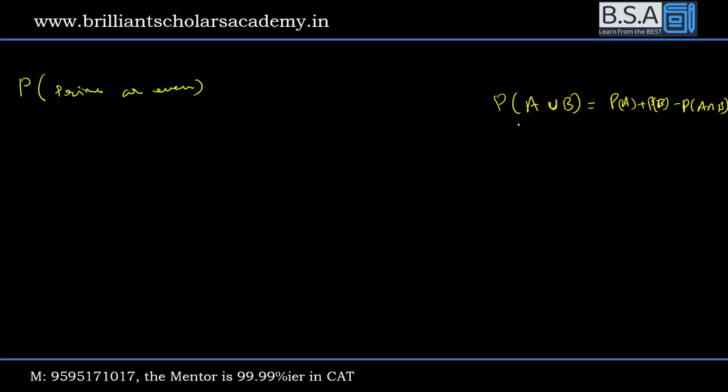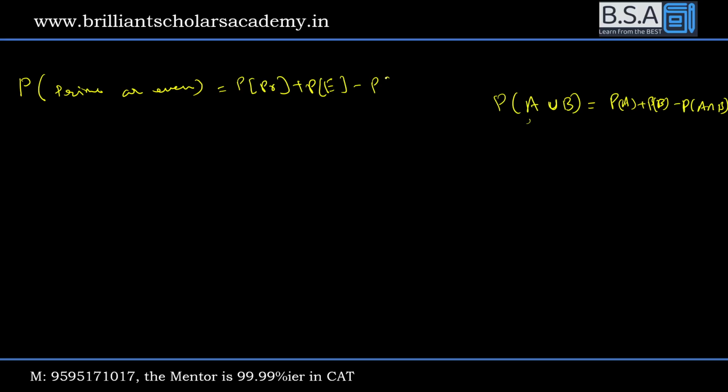This is slightly related to set theory. When you have A union B, either you want A to happen or B to happen. It will be written as probability of a prime number plus probability of an even number minus probability of prime and even.